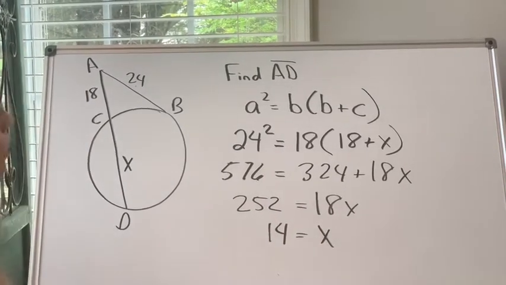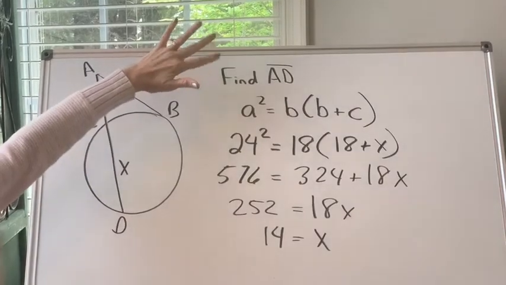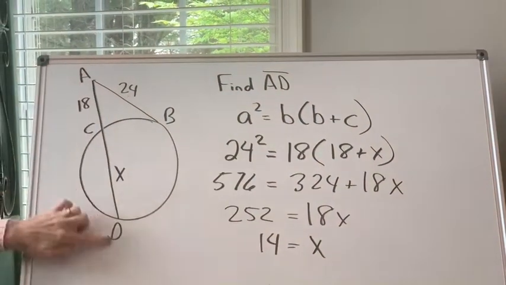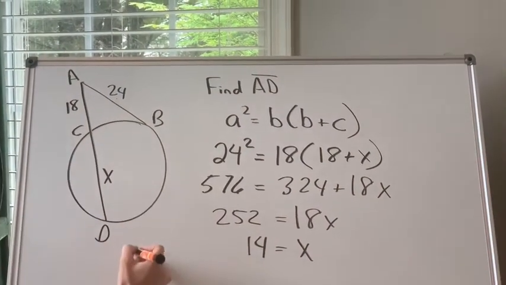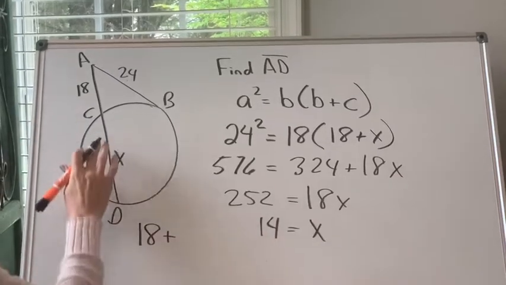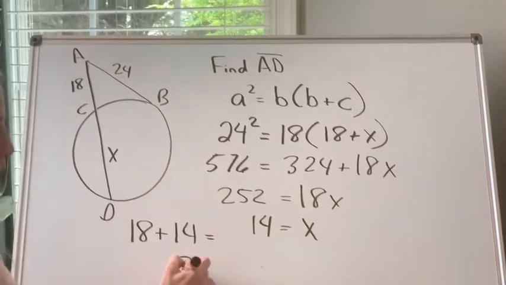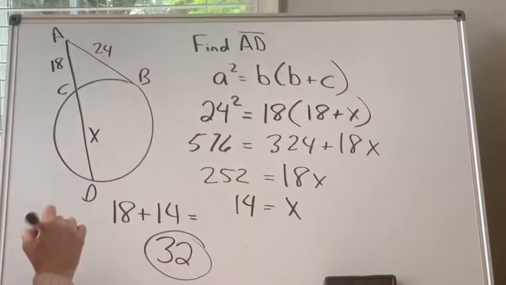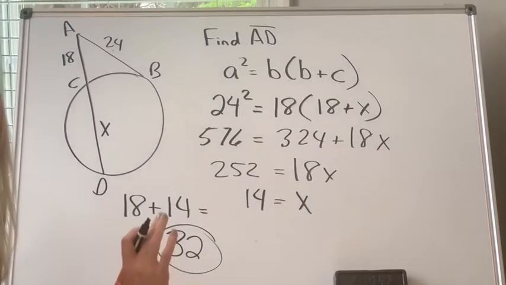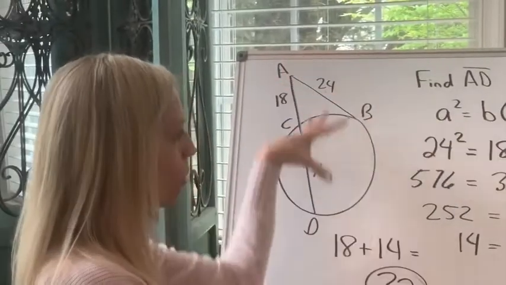All right, and now we want to go and say, what are we being asked? We want to find the length of AD, which would be this whole thing. So we need to add 18 plus our value for x, which is 14, and then our answer is going to be 32. So that is the rule you're going to use for number 6 and a problem similar to it.